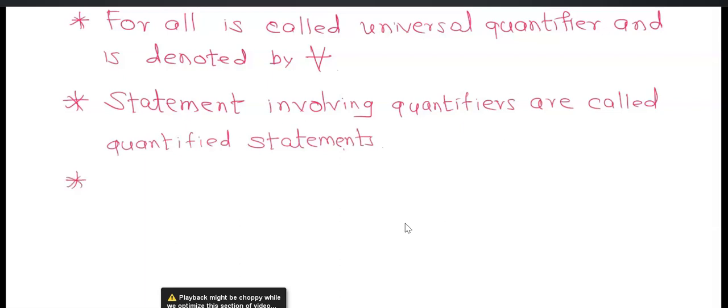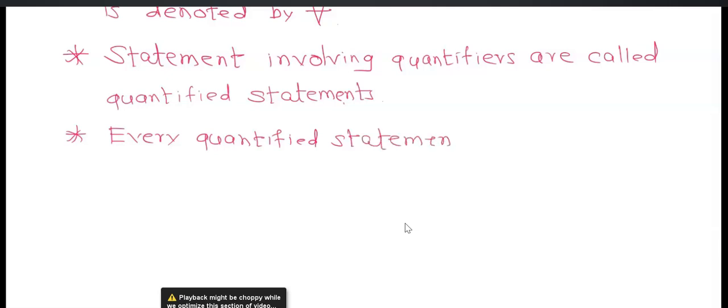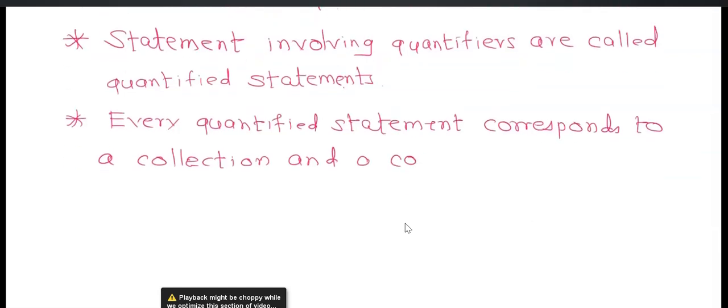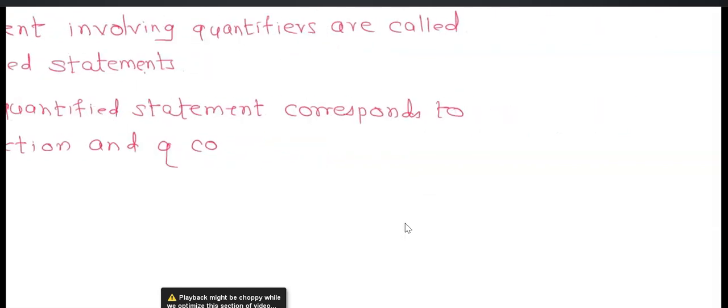Now, what is contained in a quantified statement? Every quantified statement corresponds to a collection and a condition. For example, there exists an even prime number in a set of natural numbers. This set of natural numbers is a collection, and then what is the condition? Being prime is the condition.